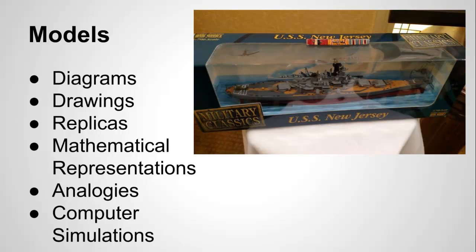So first of all, we understand that it's important to use because whether it's science or it's engineering, models help us explain things. And that can be taken in many different ways. A model can be any of these forms that's listed on the screen. You could do a diagram, these could be drawings, replicas of a process or an item, mathematical representations, analogies, or even computer simulations.